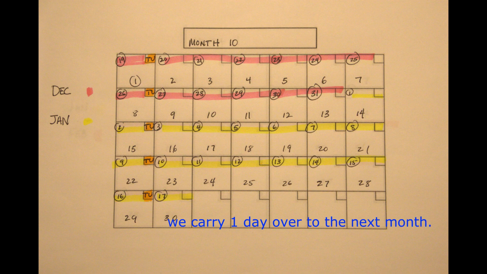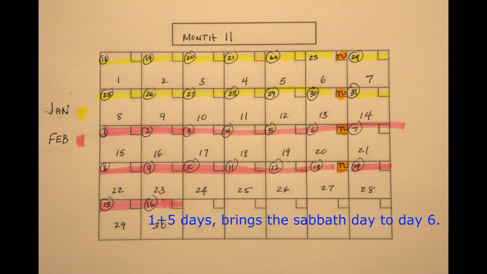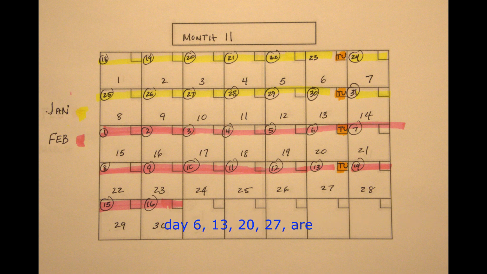We carry 1 day over to the next month. 1 plus 5 days brings the Sabbath day to Day 6. Day 6, 13, 20, 27 are the Sabbaths.